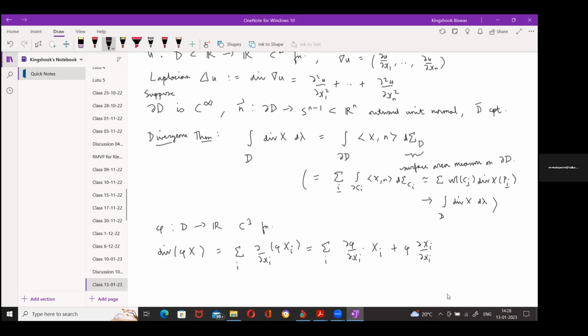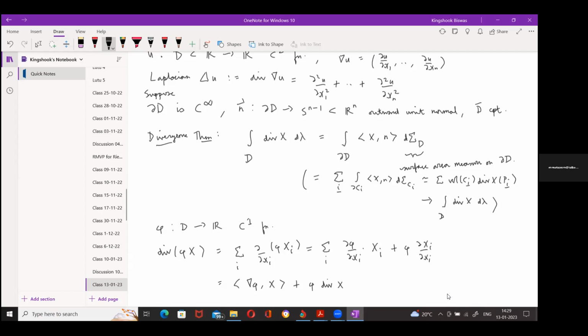The first term, you recognize this sum as an inner product. So this is the inner product of grad phi with X. And the second term is phi times the divergence of X, right? So this is the formula I wrote at the end of the last class.